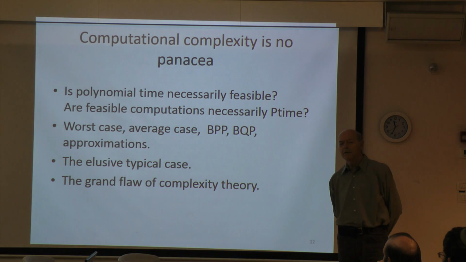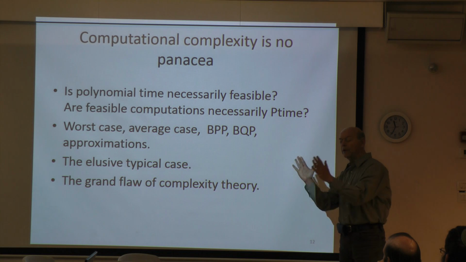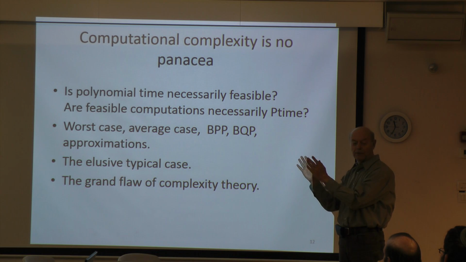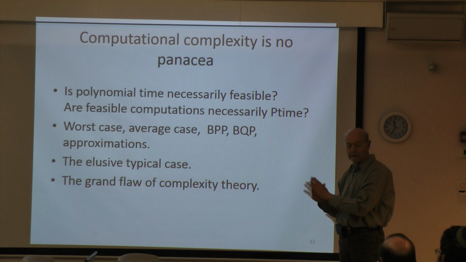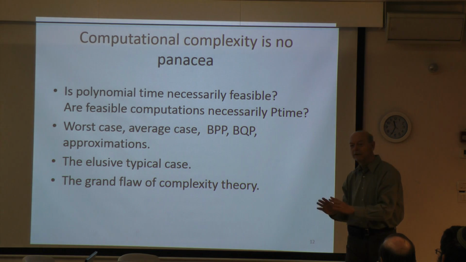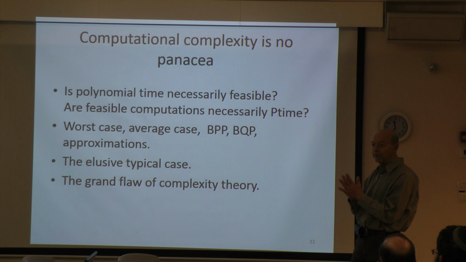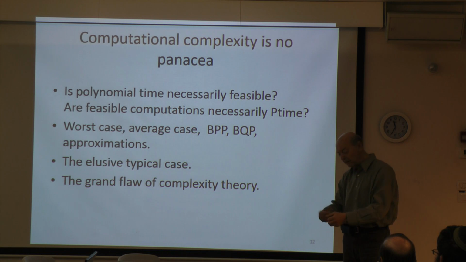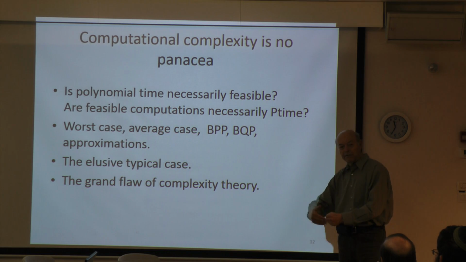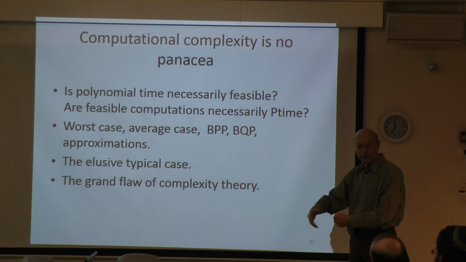Now, he was quite sophisticated. He didn't say that anything you can decide in time n to the 72 is feasible. He didn't claim that. What he claimed was that if you take any natural problem which is solvable in polynomial time, you have a clever algorithm that doesn't just stupidly go through all possible solutions.